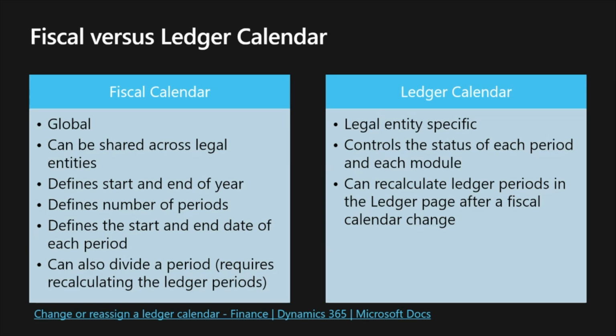The ledger page has the option to recalculate the ledger periods for each period in the calendar specific to the legal entity if the fiscal year or fiscal periods are changed. The ledger calendar is determined by the value that is selected in the ledger page for each legal entity. When you want to share the fiscal calendar, you simply select the same value for the fiscal calendar in the ledger page for each one of your companies.